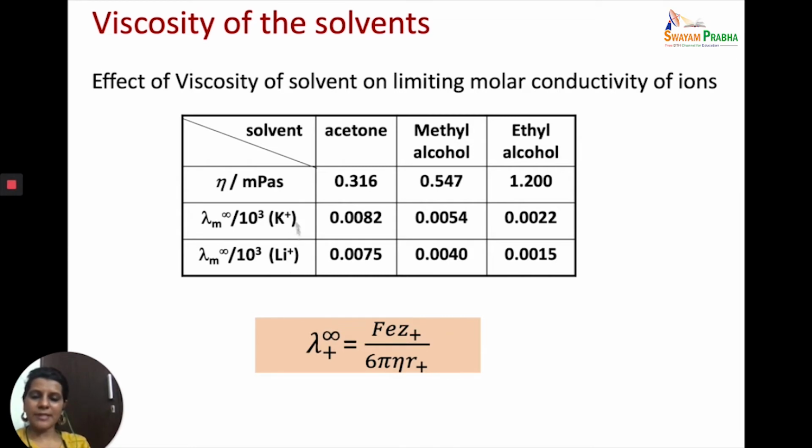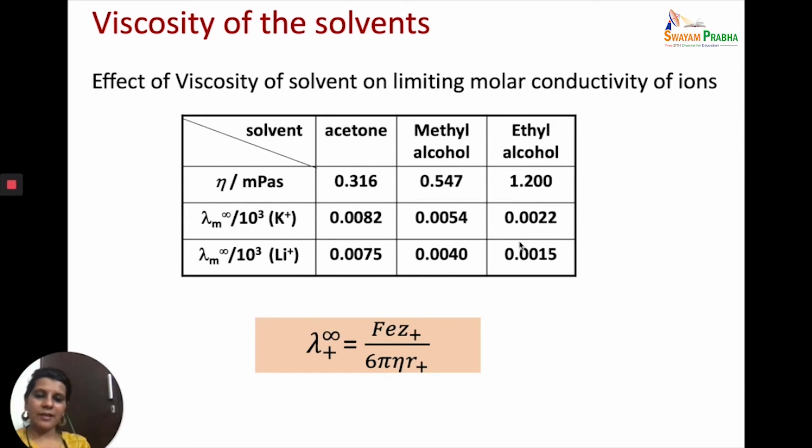The K plus values on moving from acetone to methyl alcohol to ethyl alcohol are decreasing. The Li plus values are also decreasing. So the lambda infinity values are decreasing as the viscosity of the solvent is increasing.